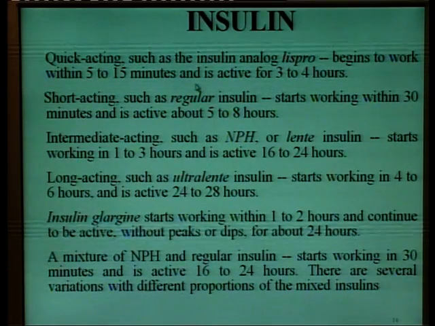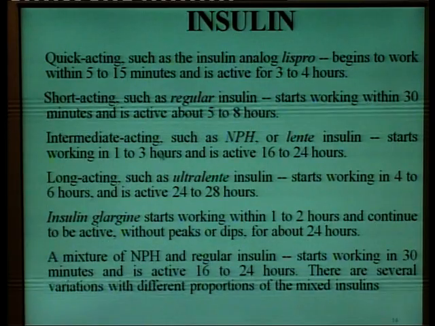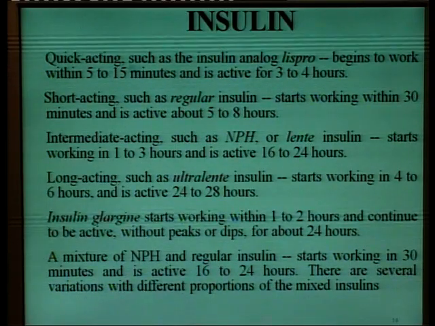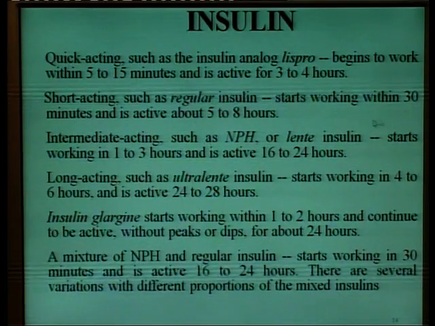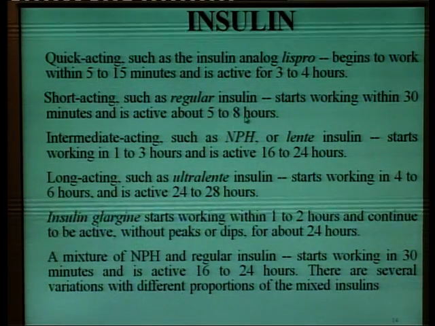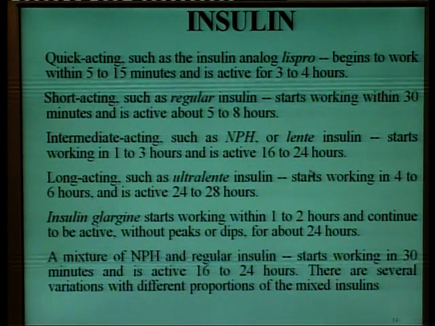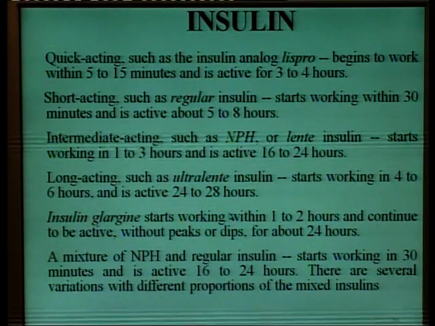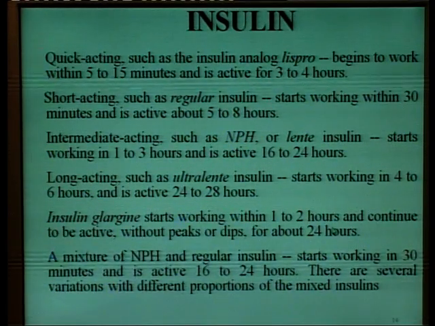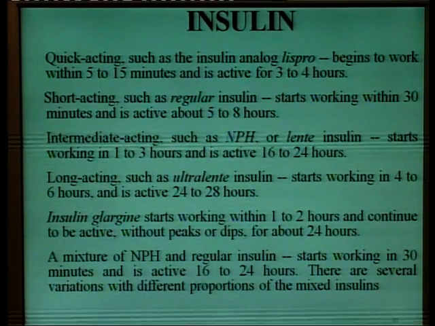Intermediate, that means what we have seen from the first to second to third to fourth: 5 to 15 minutes, 3 to 4 hours, 30 minutes, 5 to 8 hours, 1 to 3 hours, 16 to 24 hours, 4 to 6 hours, 24 to 28 hours, 1 to 2 hours, 24 hours, 30 minutes, 16 to 24 hours.